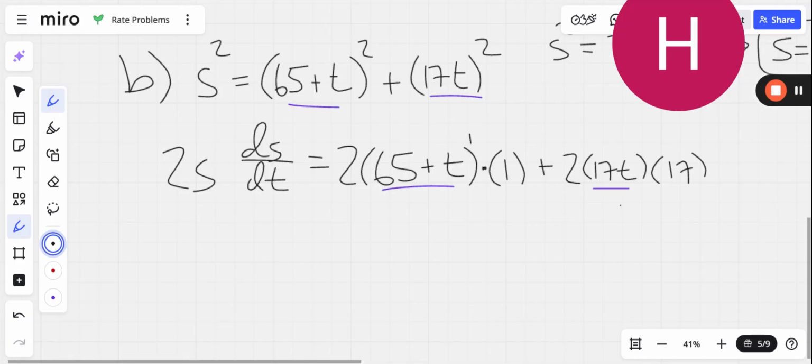So since t is 3, this is going to be 2 times 68 times 1 plus 2 times 17t times 17.